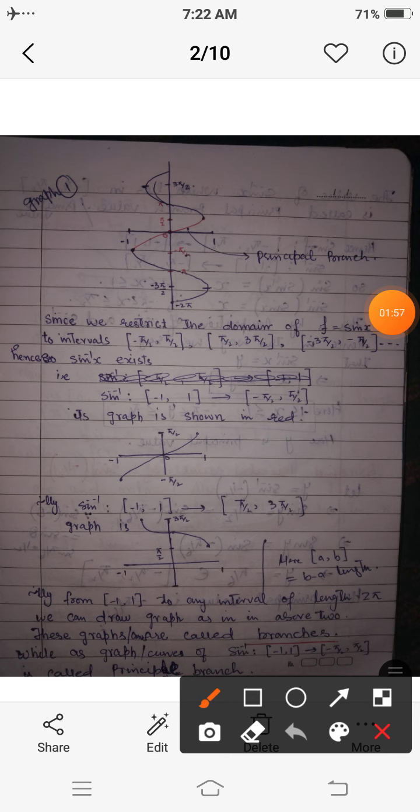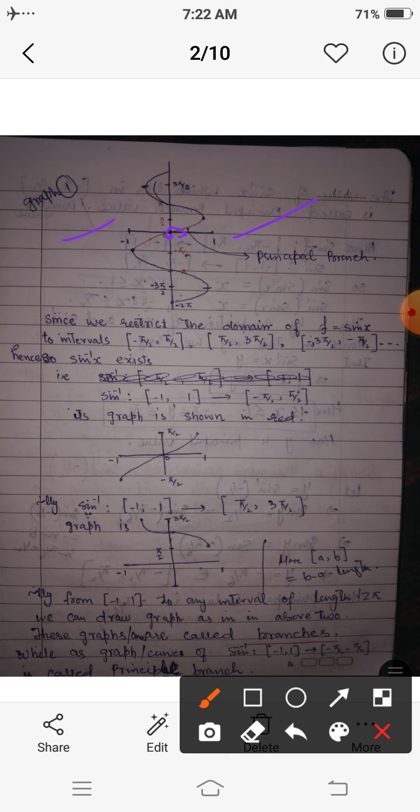Now the domain of this function is minus 1 to 1, so this is the domain axis. Its codomain is from minus pi by 2 to pi by 2, because we are considering the sine function only in the interval minus pi by 2 to pi by 2. When x is 0, the value of sine inverse is 0, so it is this point.